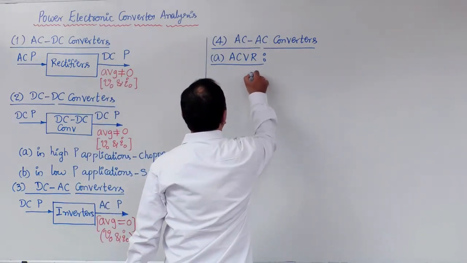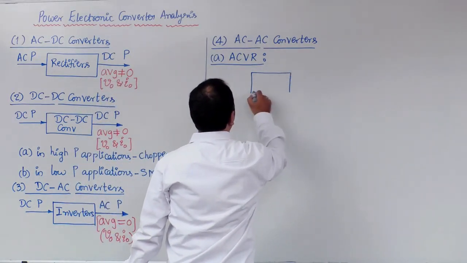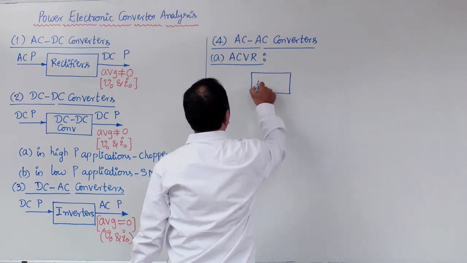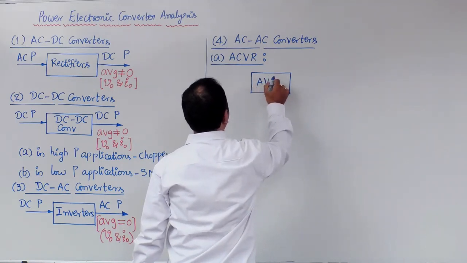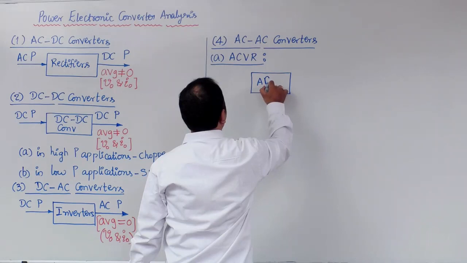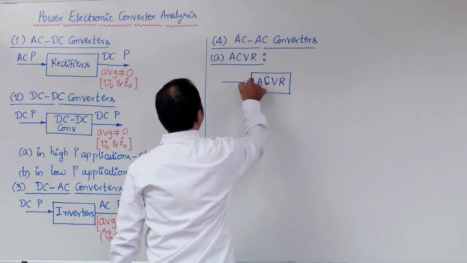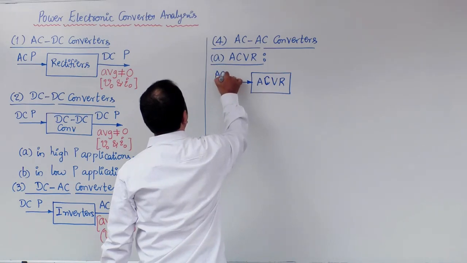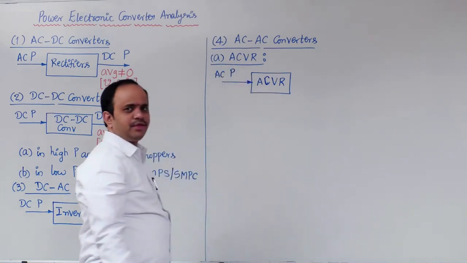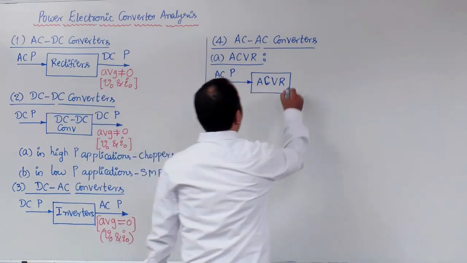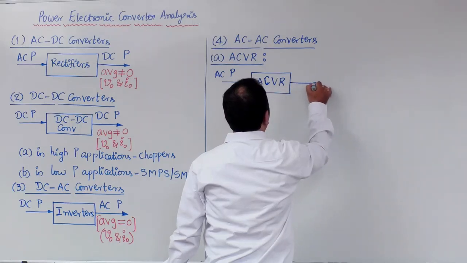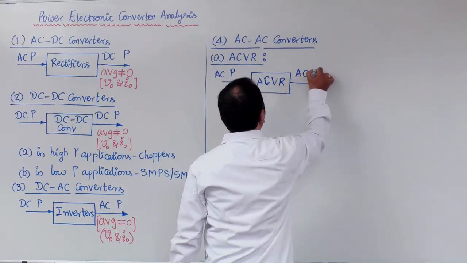What is the definition here? For AC voltage regulator circuits, input is AC power, output is also AC power.